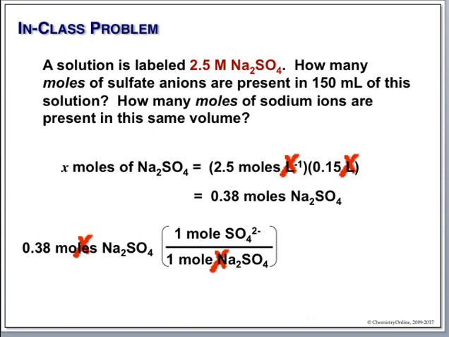Now, if we have 0.38 moles of sodium sulfate, the mole ratio of sulfate to sodium sulfate is 1:1. 1 sulfate for every sodium sulfate. So, how many moles of sulfate? 0.38.